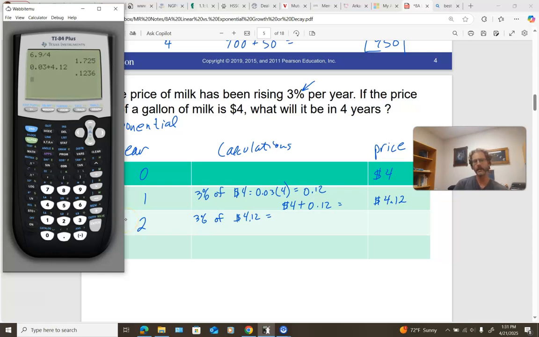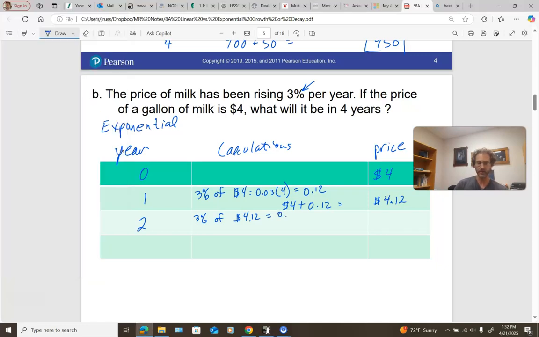And you want to round these to the nearest cent. So this is really closer to 12 cents again. But you can see it is actually more than 12 cents. So it has grown a little bit more than it did the first year. But I'm still going to call it 12 cents. Okay.